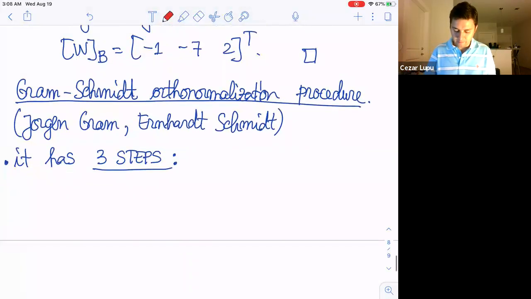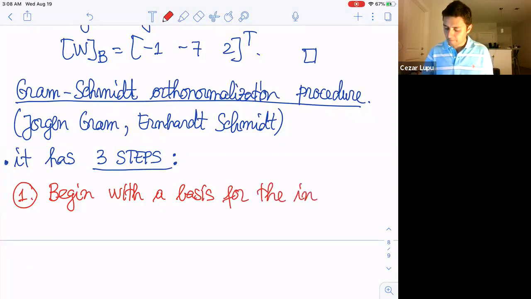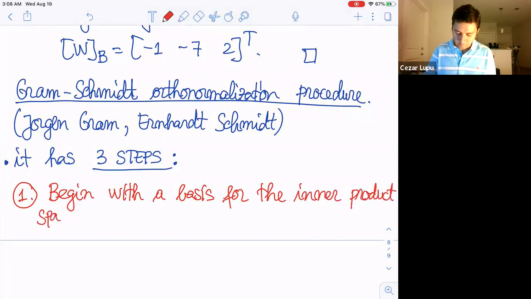The first one is to begin with a basis for the inner product space. And here I'd like to make a comment.